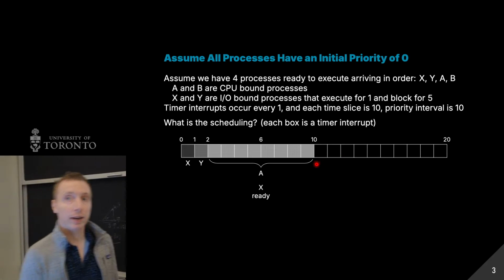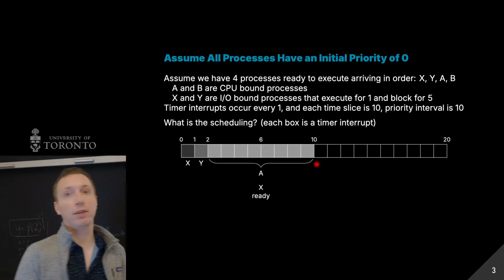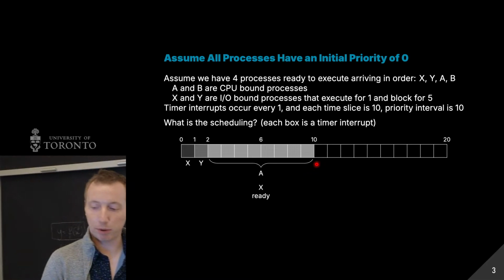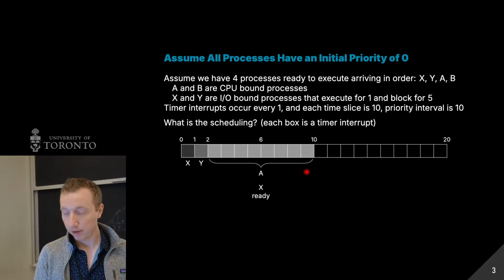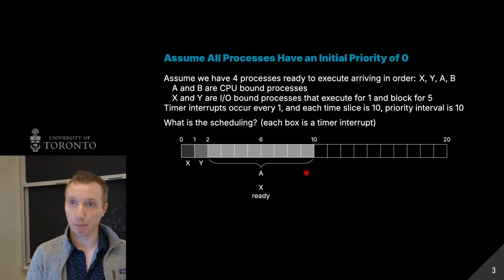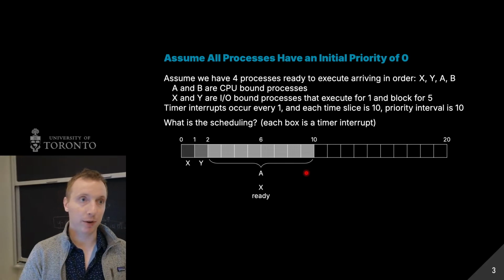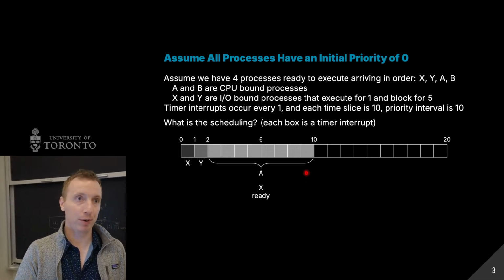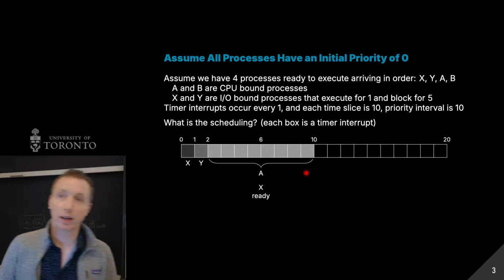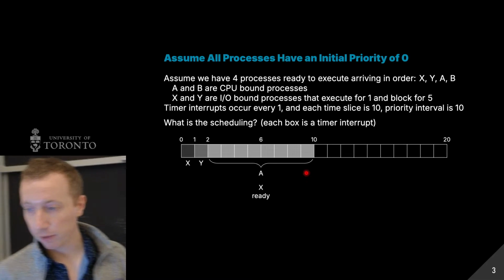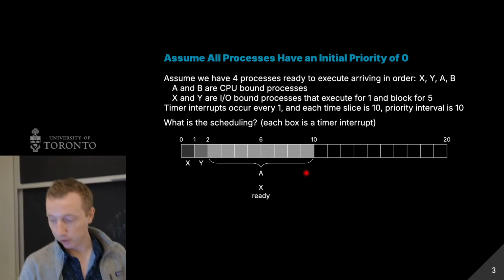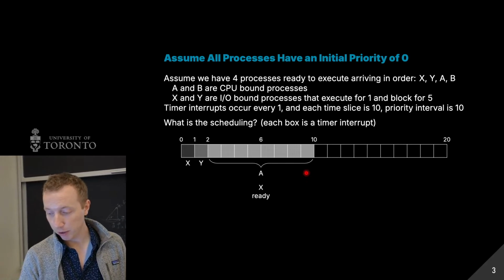So at time 10 here, I have to go and recalculate all the priorities again. So process X, right, all of their initial priorities were 0, so 0 divided by 2 is 0. So basically their new priority is just going to be however long they ran for. So the new priority for X should be 1, new priority for Y should be 1, and new priority for A should be 8.